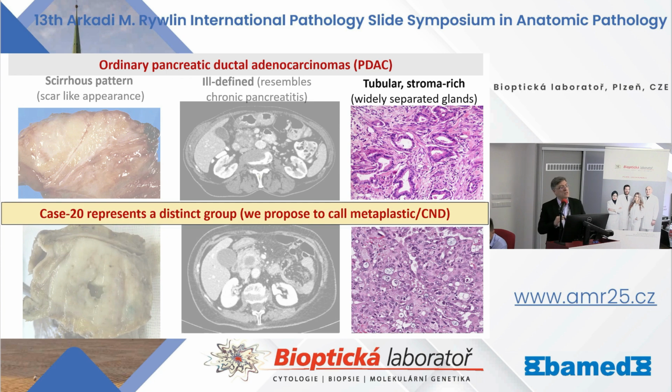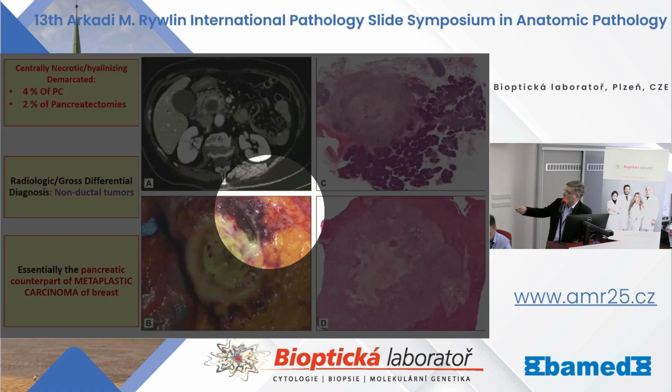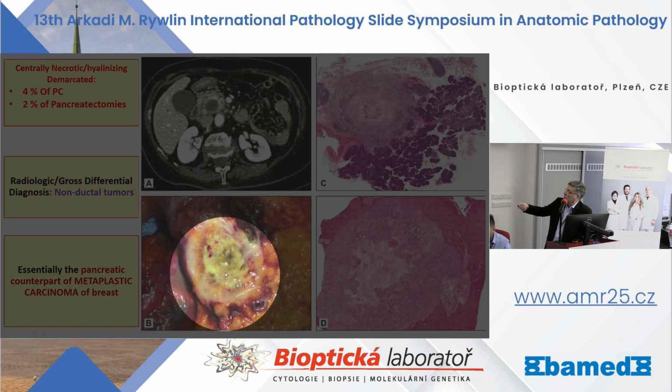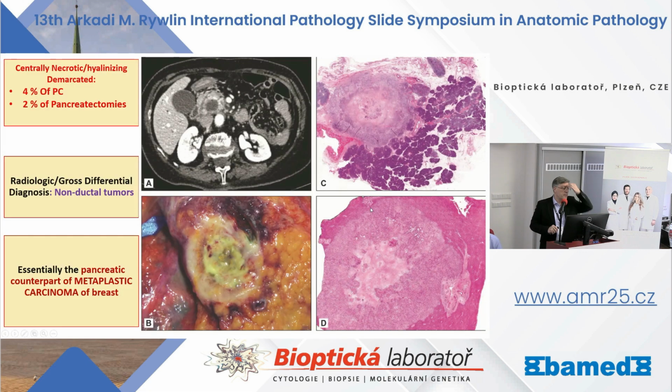Instead of having a lot of desmoplastic stroma separating the carcinoma units, they come together, so they have a more community or more a social attitude, if you will, than our ordinary PDACs, which are really going individually on their own. And again, this translates to a more demarcated growth, not only in the primary tumor, and by the way, this central necrosis is quite striking in these tumors, both radiologically and grossly, and we see the same phenomenon in their metastases.